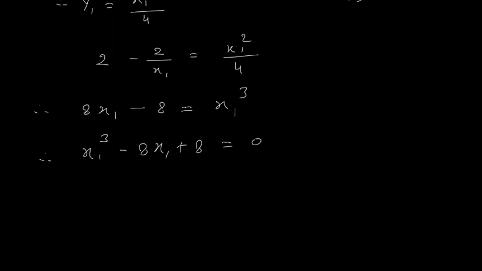So for that, what we will do? We will use synthetic division method. For synthetic division, what we will do? We will write the coefficient of x1 cube, which is 1, the coefficient of x1 square.